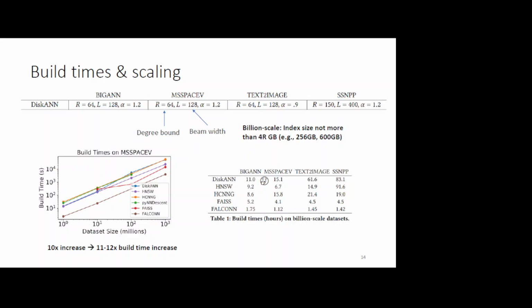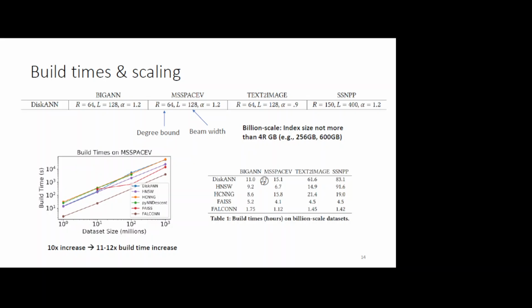You can see, for example, in MS SPACEV, in this data set, DiskANN uses the following setup for the parameters: the degree bound is 64, the beam width for search is 128, and alpha, the pruning parameter, is 1.2. Okay, it's a standard configuration for these parameters.